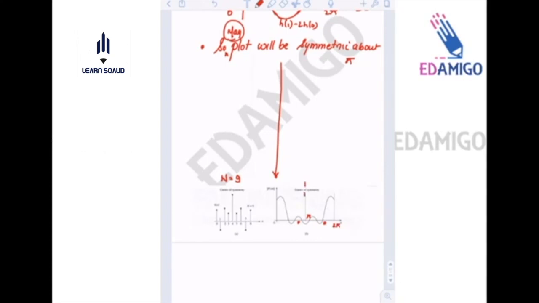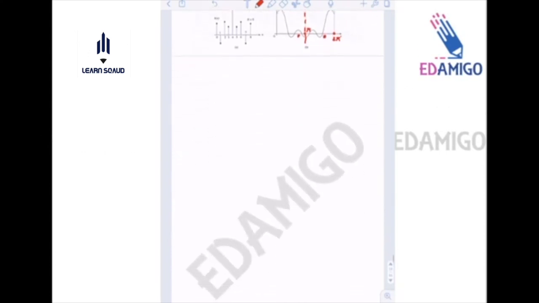So this is the symmetric line, and this is the π point, and this is the 2π point. So the magnitude plot is symmetric about π is a conclusion of this FIR filter, where h[n] is symmetric and N is odd. Okay, so this finishes case 1.